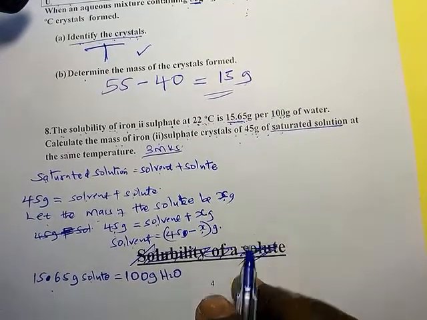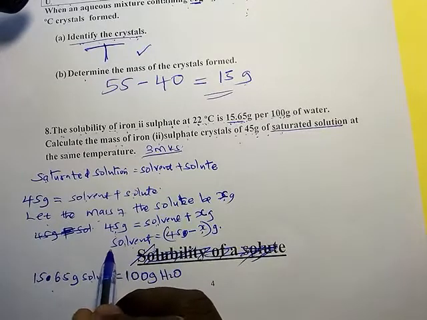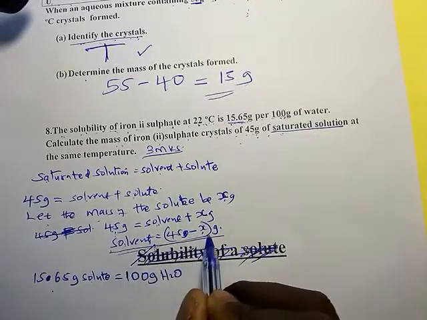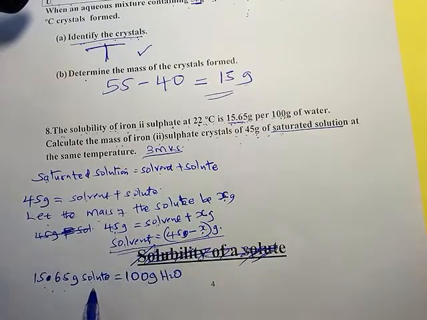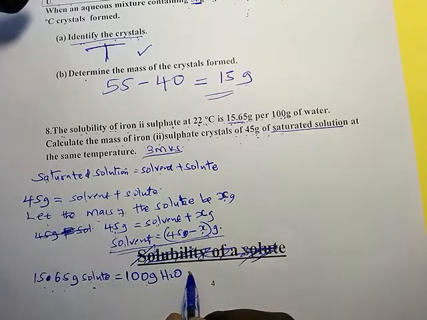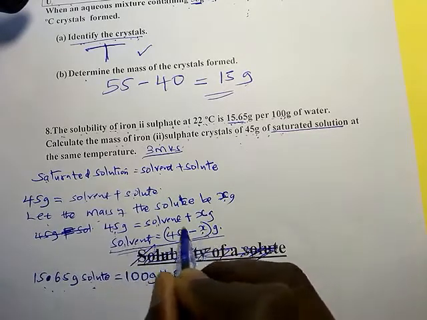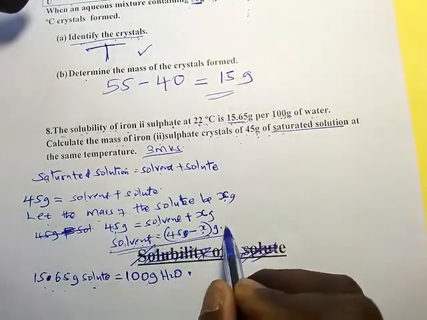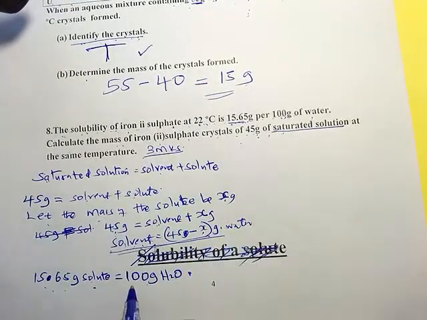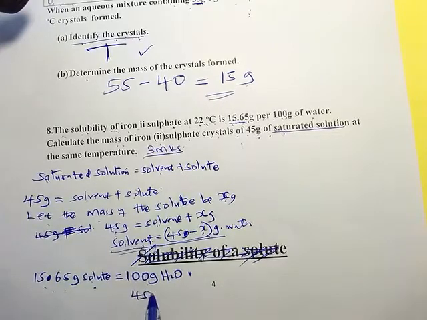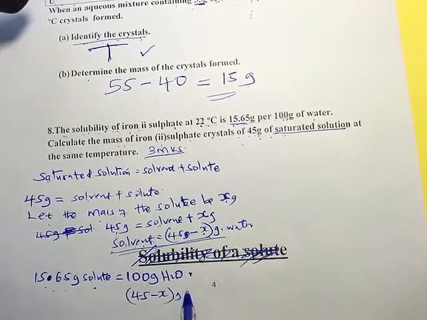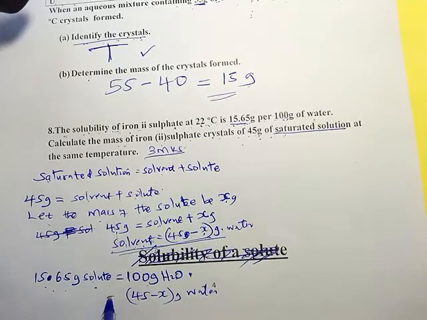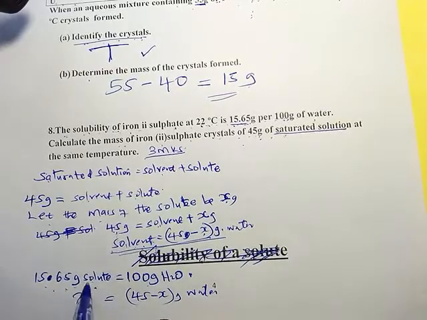Now we will ask: if 15.65 grams of the solute requires 100 grams of water, and our solvent here is water, then 45 minus X grams of water will contain how many grams of the solute?